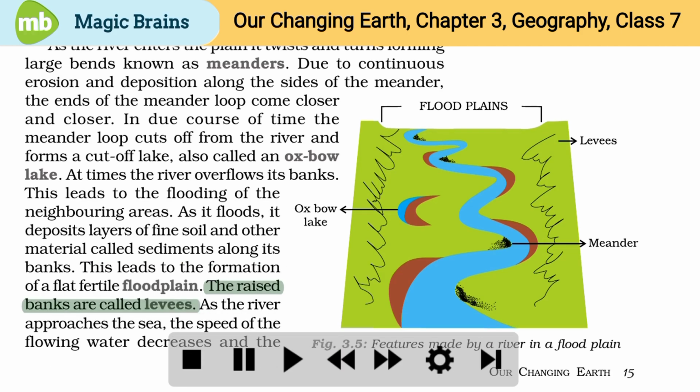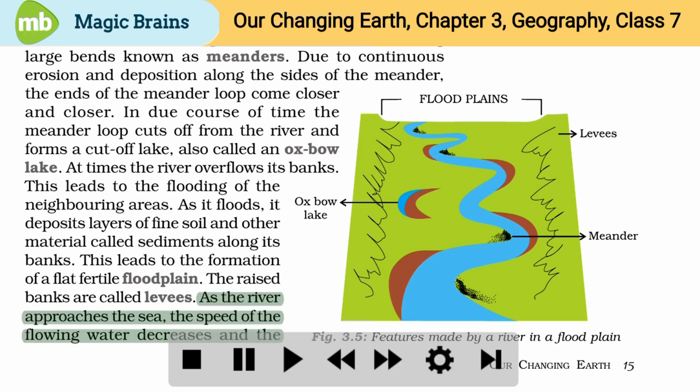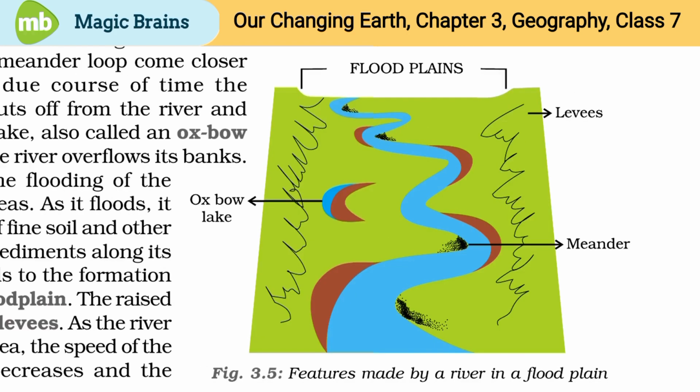The raised banks are called levees. As the river approaches the sea, the speed of the flowing water decreases. On the right side of this text, we see a picture of features made by a river in a floodplain. We can see Oxbow Lake, we can see meander and levees, besides floodplains.